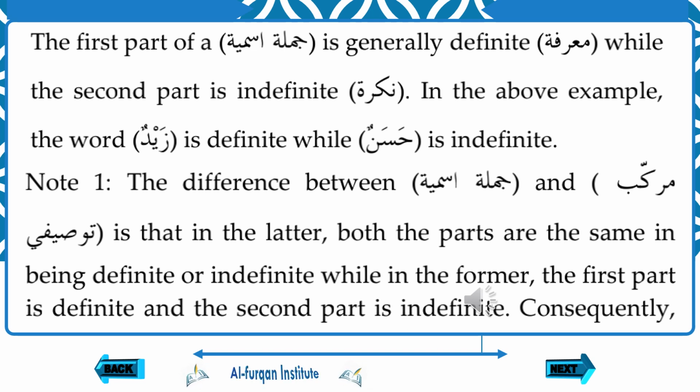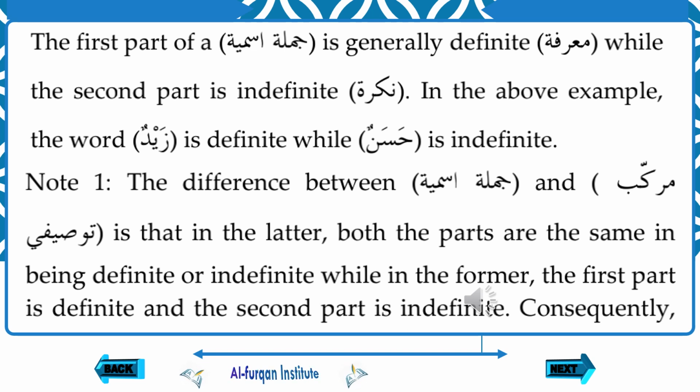Consequently, in the above mentioned examples, both parts of the jumlat ismiyya are typically in the nominative case, that is marfu'. Hence you will often see dhamma at the end of both words.